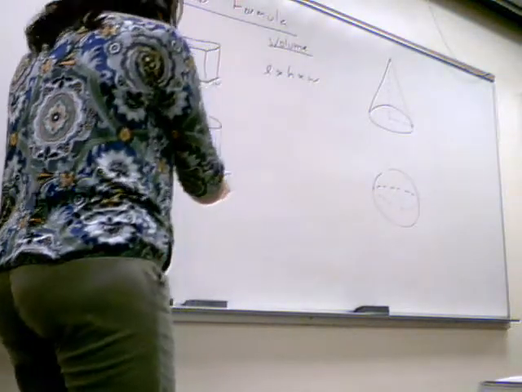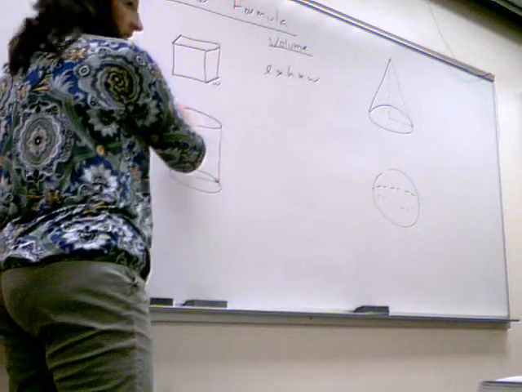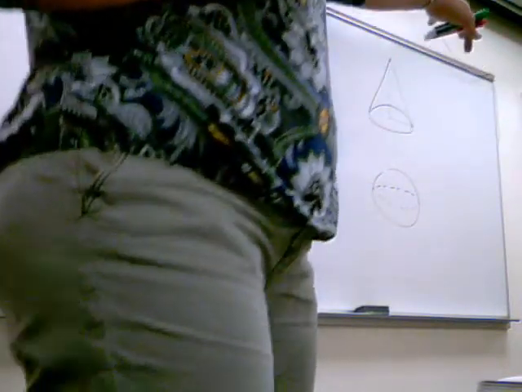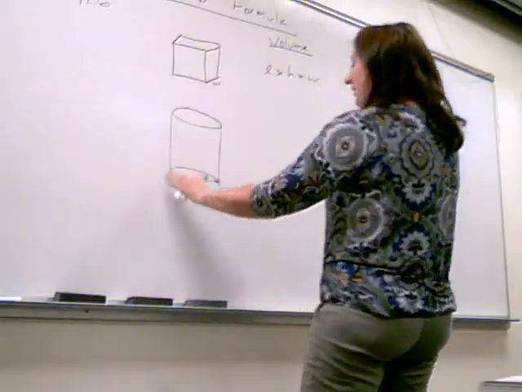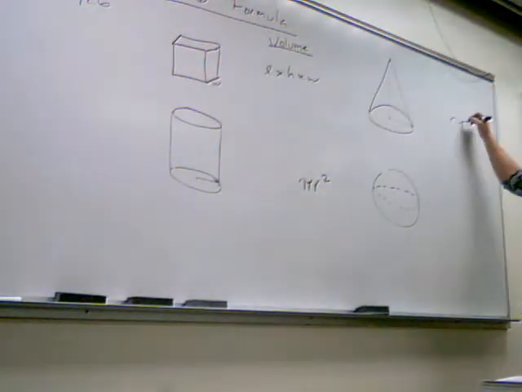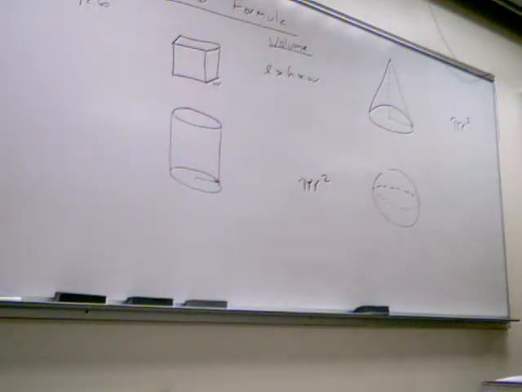What about the cylinder? Now, the one thing you can remember about a cylinder is, I've got a circle here. What circle formula will I use to kind of get to here? Pi r squared, right? Because that's going to give me the bottom part here. And I can use that on both the cone and the cylinder.